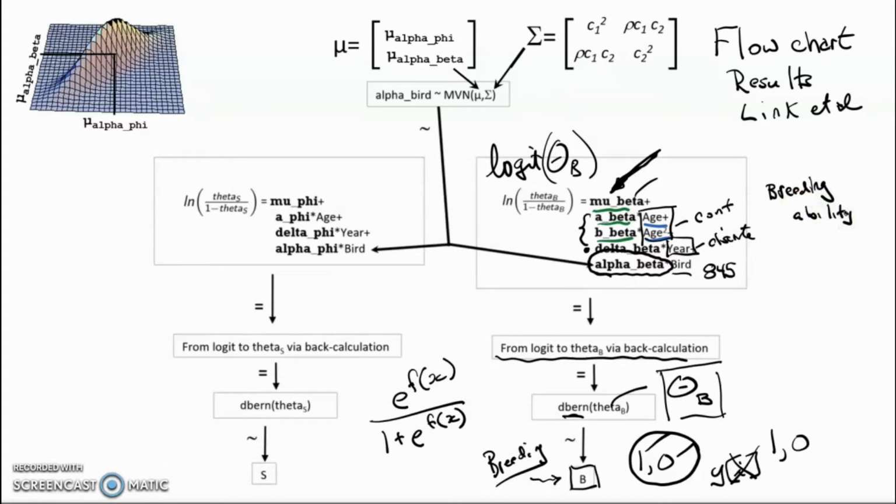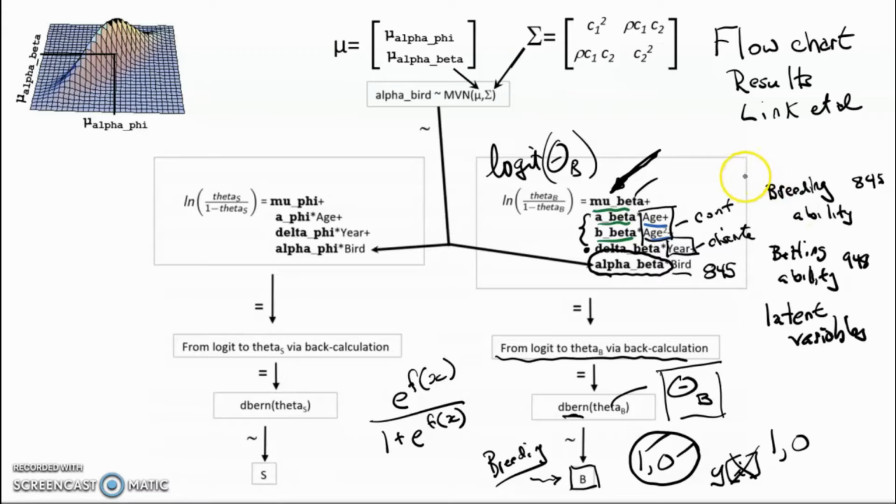Perhaps a way to look at this is it's very much analogous to what we saw earlier when we had the batting ability of a baseball player. So now we've got 845 breeding abilities as opposed to 948 batting abilities. But the idea is that they're both very similar in the sense that they can be thought of as latent variables, things that we believe exist, but which cannot be directly observed.